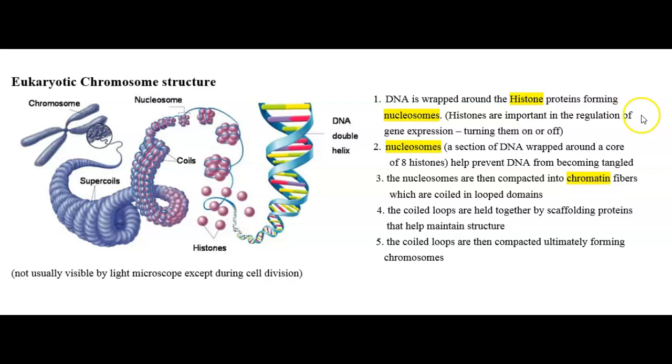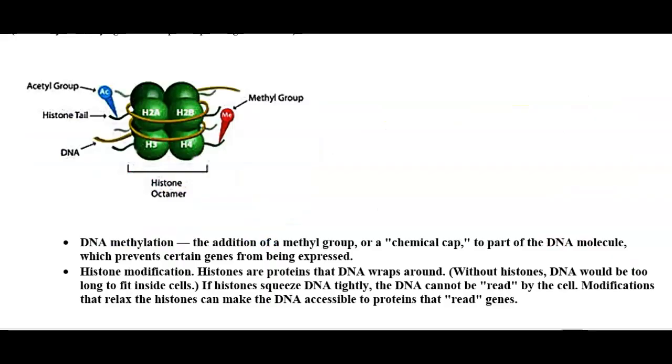Histones are going to be important in the regulation of gene expression. They're going to be involved in turning genes on and off. So nucleosomes are going to be a section of DNA wrapped around a core of 8 histones, and they're going to prevent DNA from being tangled up. So those are the important things for us right now. With DNA methylation, you're just going to put a cap on it and prevent certain genes from being expressed.